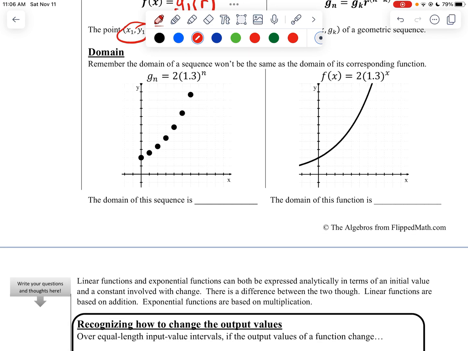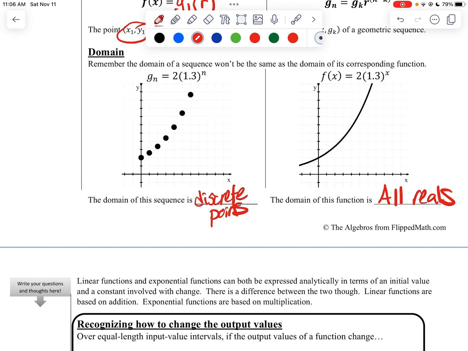But the big difference, again, these are those same graphs right here. One is a function, one is a sequence. A sequence is those discrete points, where the domain of the function is all reals because it contains every single x value there.